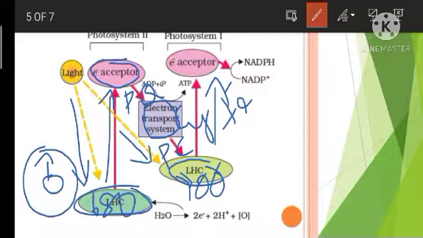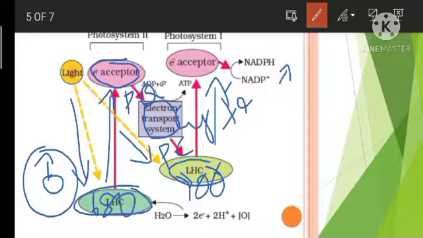So NADP will be receiving this electron at last, and it gets reduced to NADPH and hydrogen ion. Now the electron is completely used up.